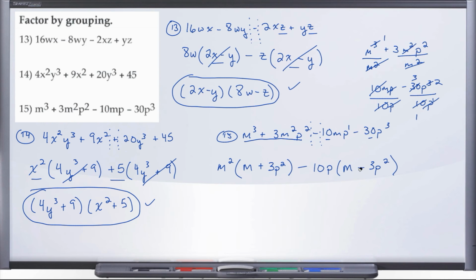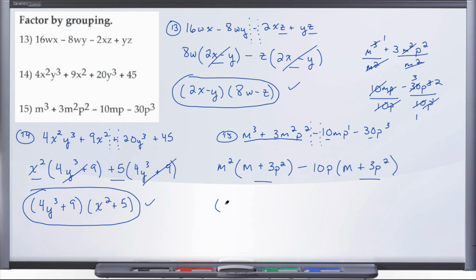So we know that this sign here in our second set of parentheses is not correct. So we want to make sure that's a plus. And simply by making it a plus, now we have matching sets of parentheses. If we were to distribute this out through our set of parentheses, we would get the original expression. So we know that we factored correctly.